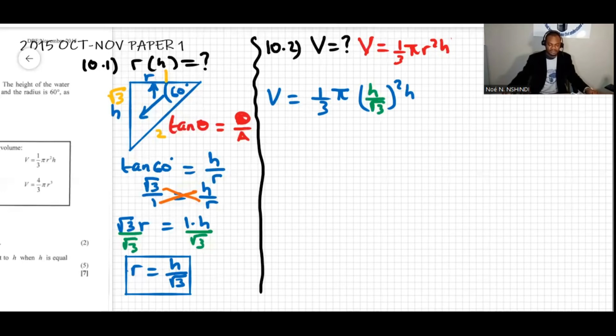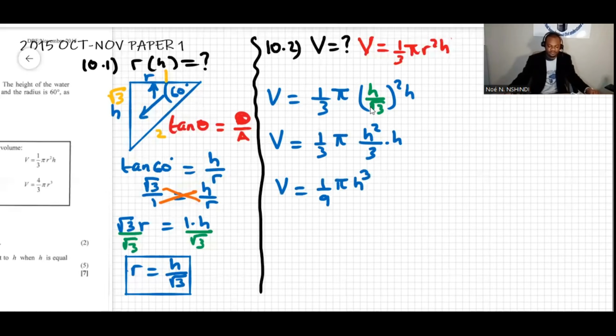And then the volume will be written as 1/3 times pi times h squared over 3, because the power of 2 here is also for the square root of 3, times h. So the volume will be 1/9 pi h to the power of 3.